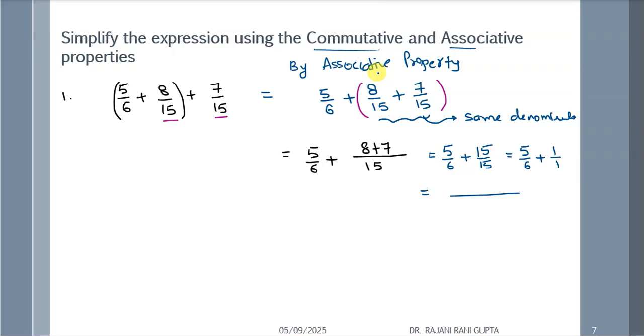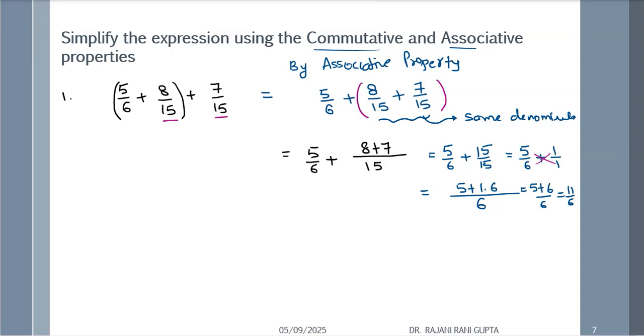So you know that the least common multiple for 6 and 1 will be 6, and then you multiply in the cross. Okay, so you get 5 plus 1 times 6. So this gives you 5 plus 6 over 6, that is 11 over 6. So it makes your calculation much easier.